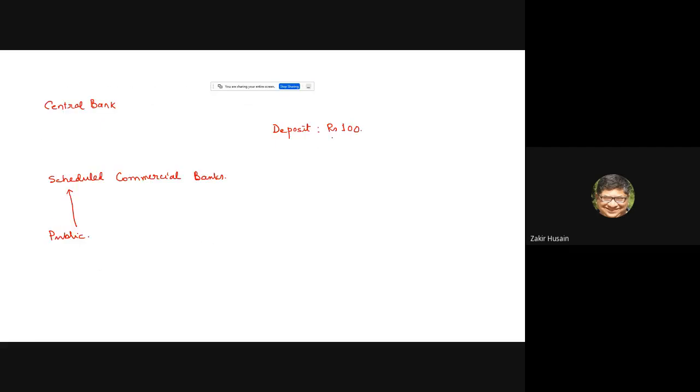Now, out of this rupees 100, the bank has to keep a certain amount in the form of liquid assets. So this asset is kept with itself. So if you deposit 100 rupees, maybe it keeps 10 rupees with itself. Then let us say it's 10.